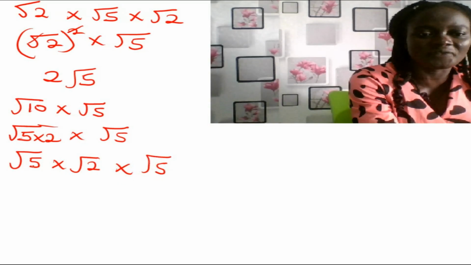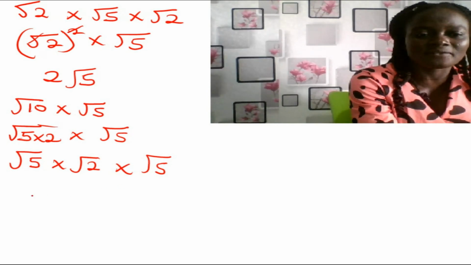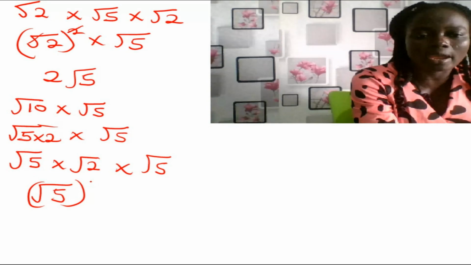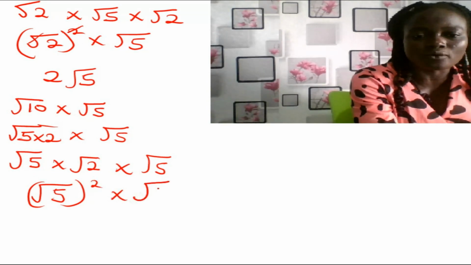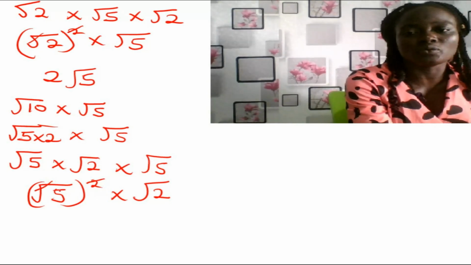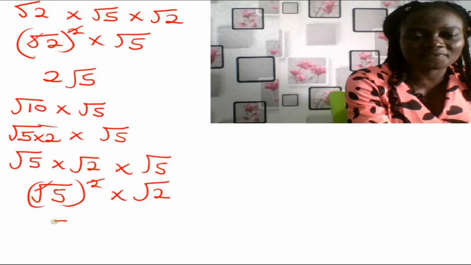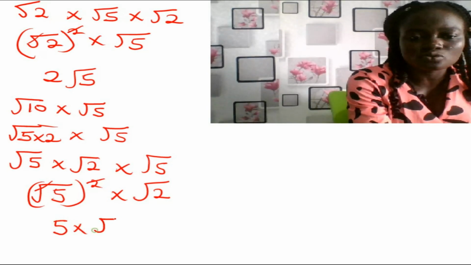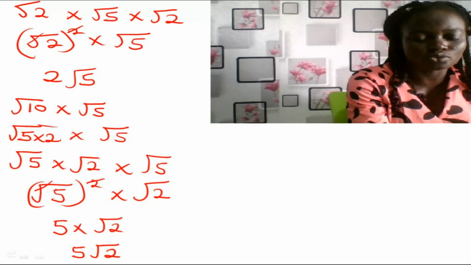And so root 5 times root 5 will give us root 5 all squared times our root 2. So that the square will cancel the root sign to give us 5 times root 2, which is the same as 5 root 2.